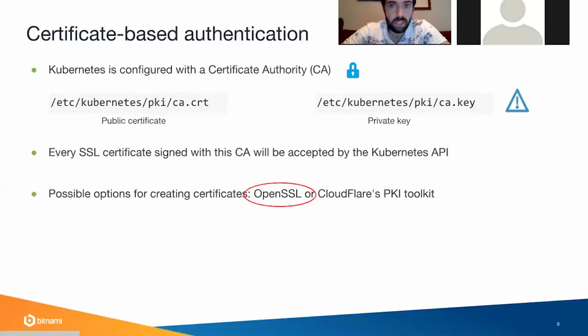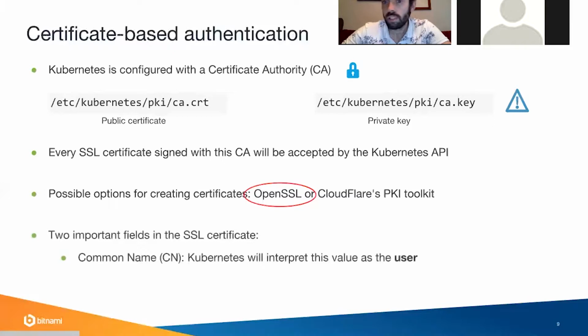But where do we put the information in that certificate about which user you are and which group you belong to? Well, basically we have two important fields. In the certificate, you need to check the common name, the CN, because Kubernetes will interpret that as the username.